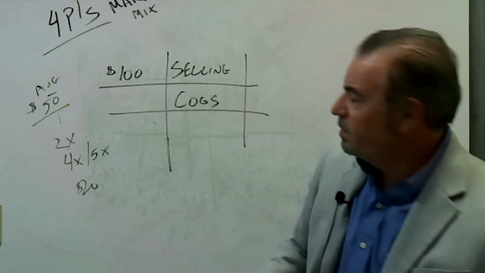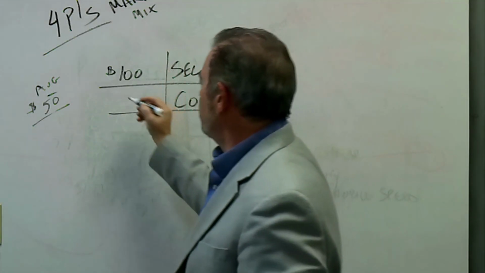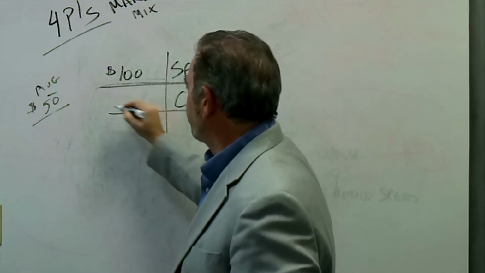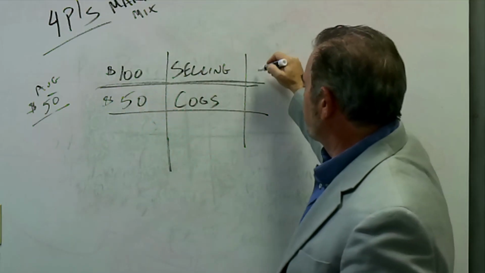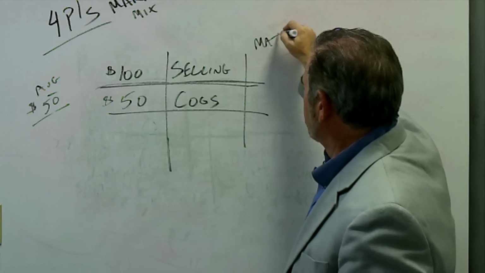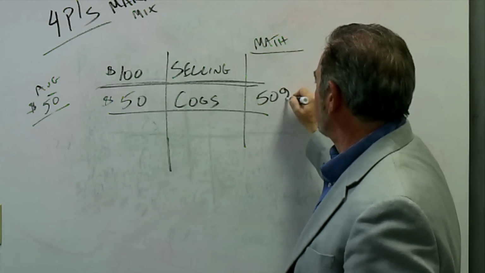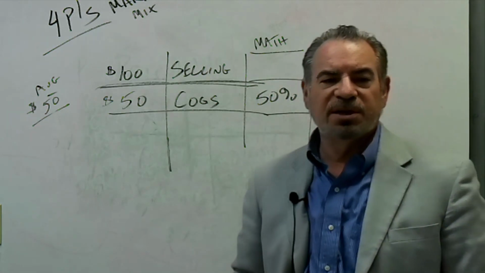Let's just stick to the $50, okay? So here's what we're selling it for, and our cost is $50. By math, this is approximately 50% as an estimate, okay? 50% more or less there.